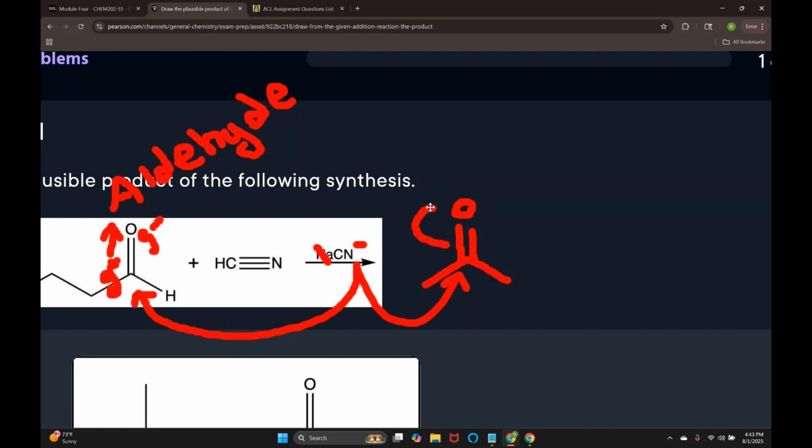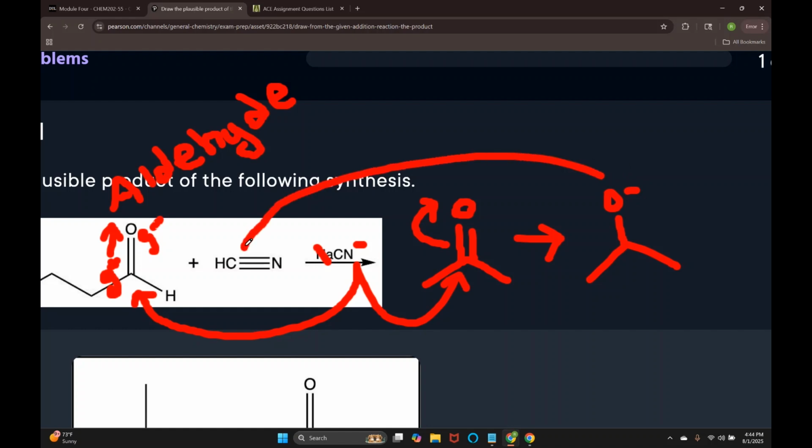That's going to kick this bond up here. That's going to result in an O minus up here, and our O minus is not very happy, so that is going to go ahead and attack our acid.